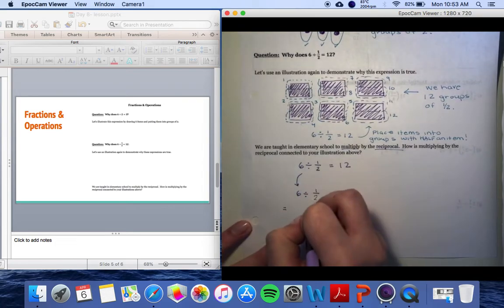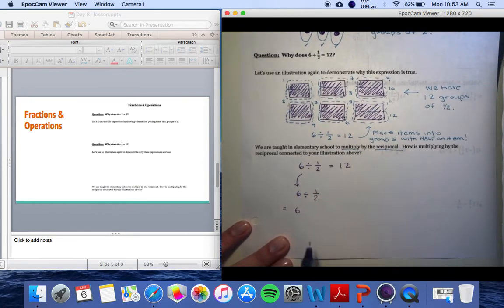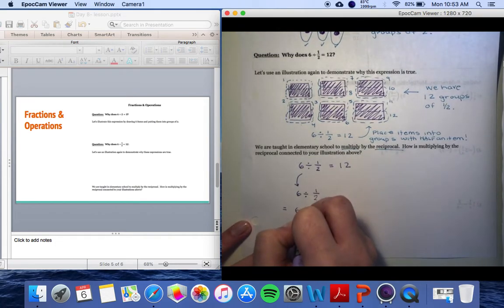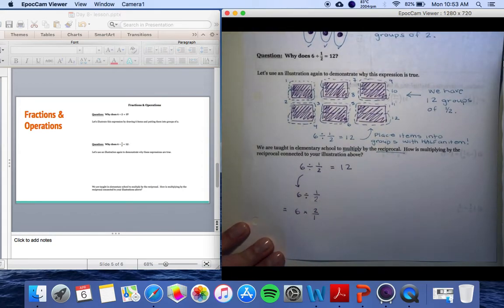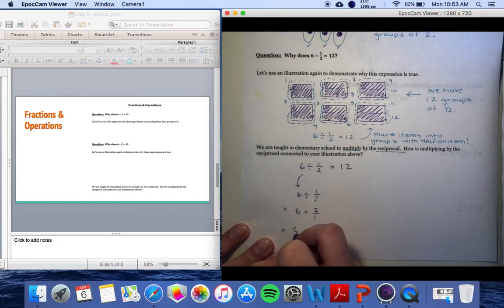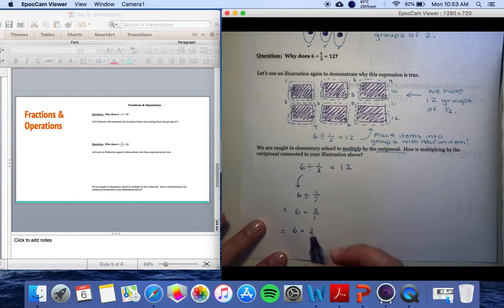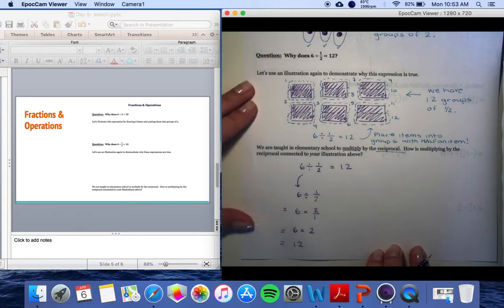So now what we're going to have is 6 times 2 over 1. Again, when multiplying fractions, this always has to be done when we are dividing. So now what we can do is simplify 2 over 1. 2 divided by 1 just equals 2. So now we're just going to be left with 6 times 2, which equals 12.